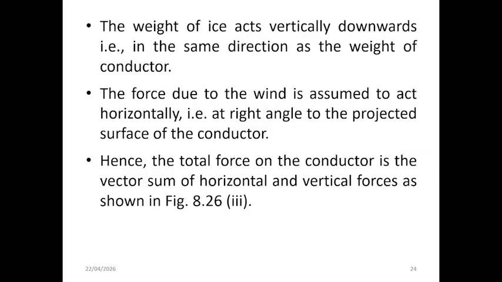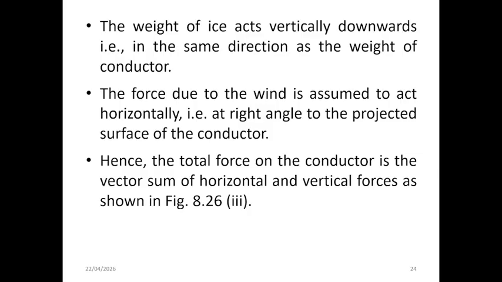An important part of my discussion focused on how these forces combine. We highlighted that the resultant force on the conductor is a vector sum of vertical and horizontal components, which directly affects the overall sag and tension in the line.